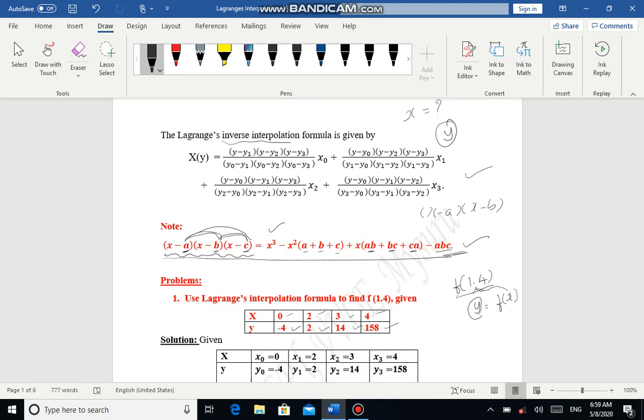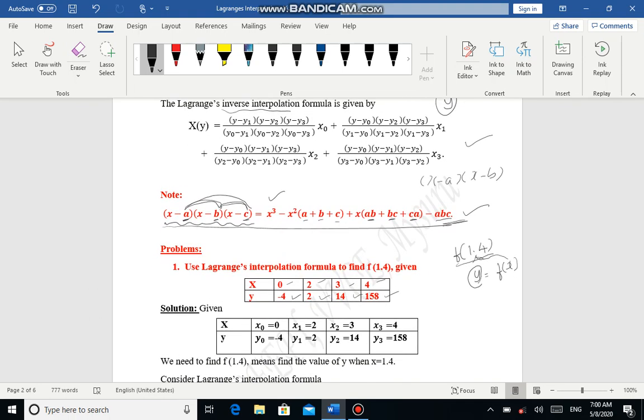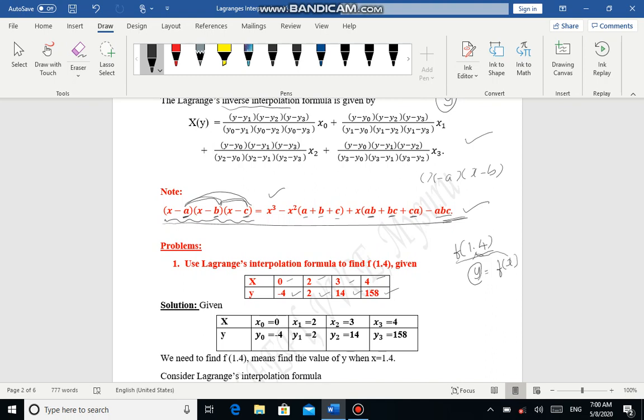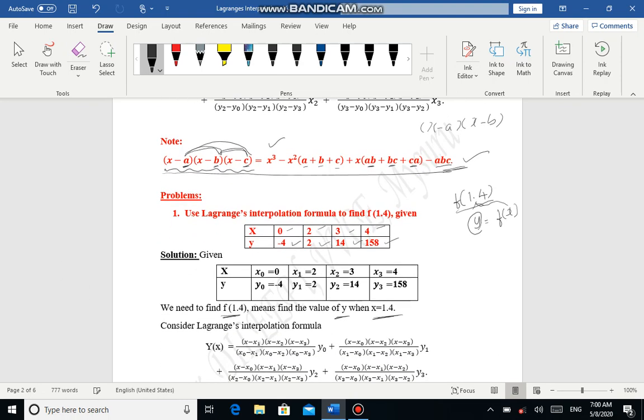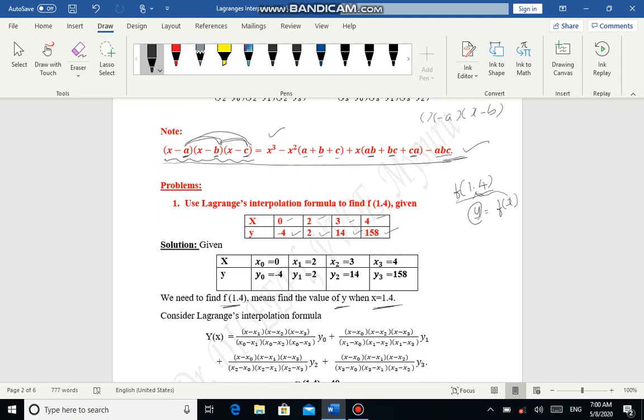Now consider the given data first and denote the values x0, x1, x2, x3, similarly y0, y1, y2, y3 and all. After considering the data, first identify what is the requirement. Find f of 1.4 means we are finding the value of y when x is equal to 1.4. So now consider Lagrange's interpolation formula. We are finding y here, so we need to use Lagrange's interpolation formula.